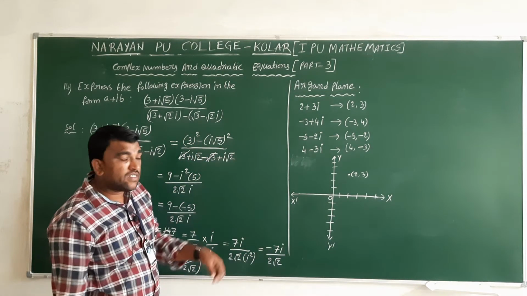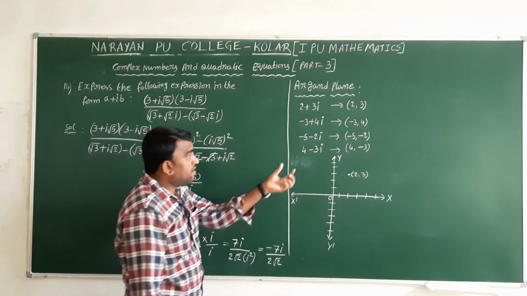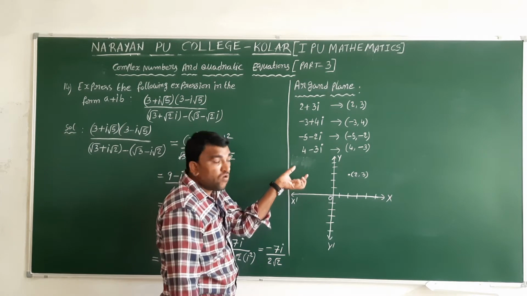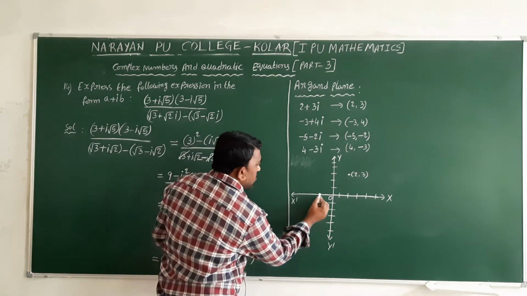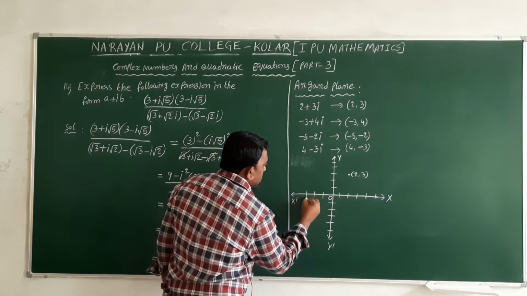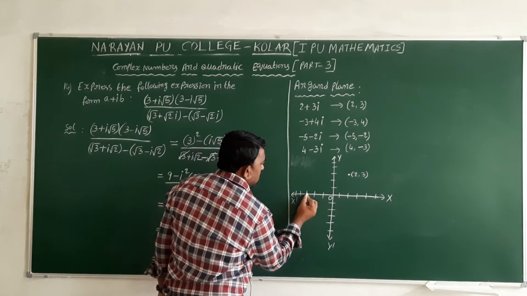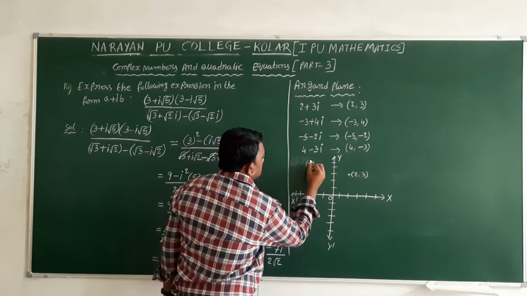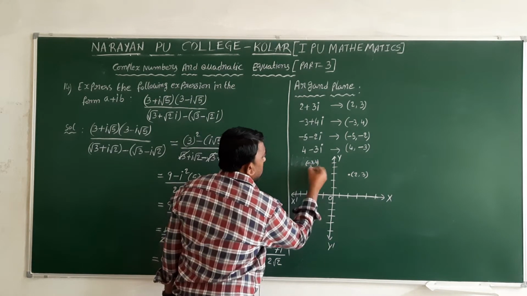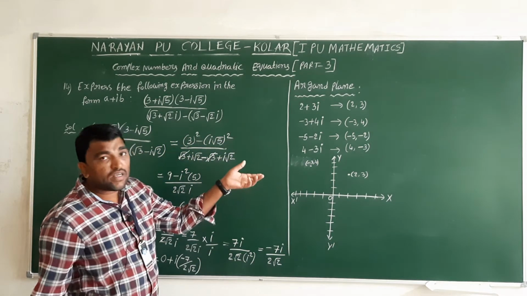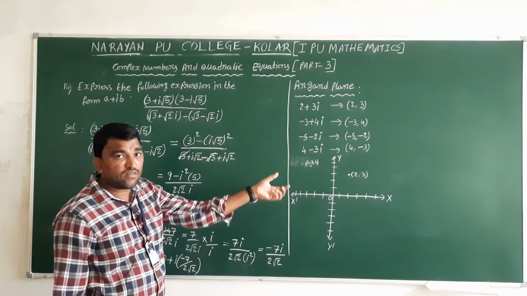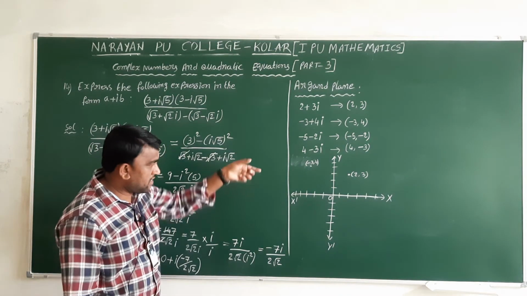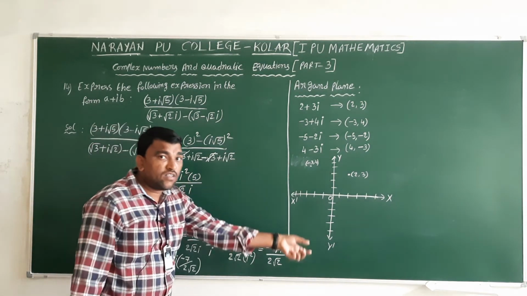For the second complex number, minus 3 comma 4, x is on the negative x axis, y is positive only. So minus 3 and 4 here, minus 3 comma 4. Third complex number, minus 5 comma minus 2, both are negative only. x axis is negative, y axis also negative.